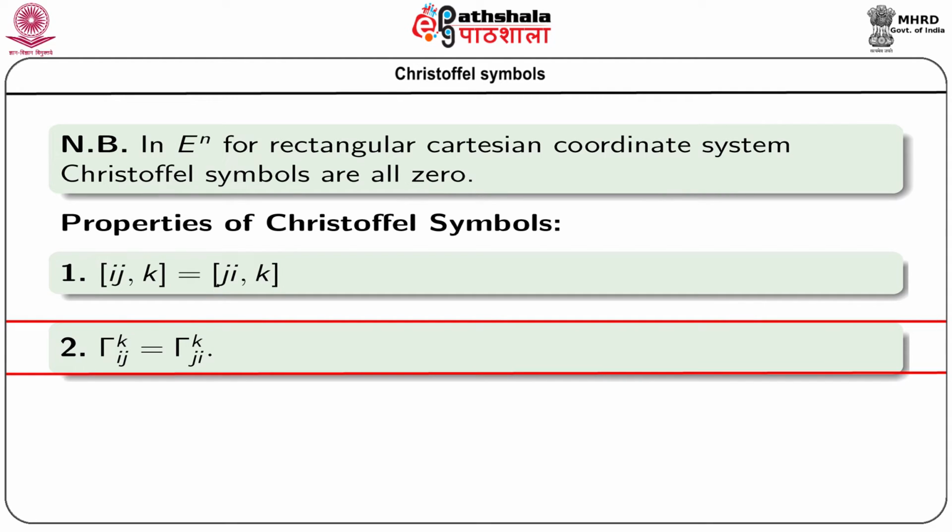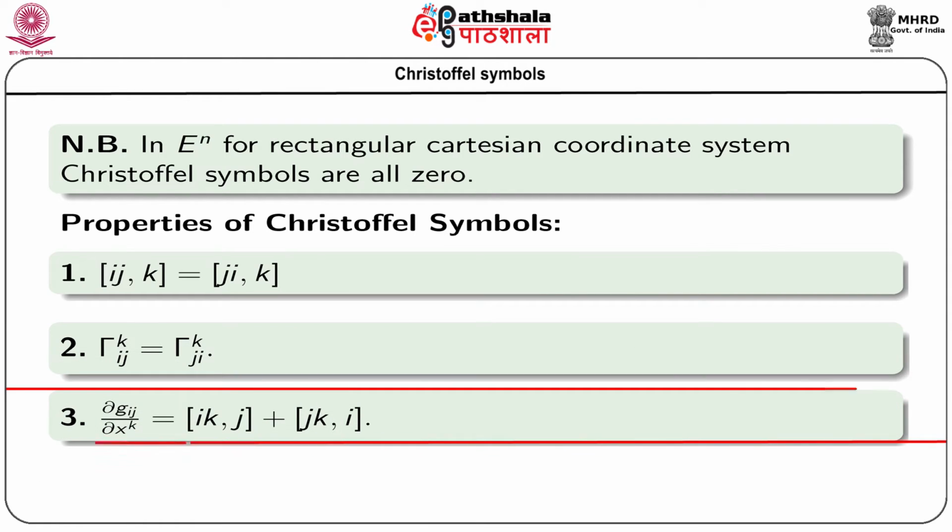Similarly, for the Christoffel symbol of second kind, Γ^k_ij is equal to Γ^k_ji. We can easily prove these properties. Third one is ∂g_ij/∂x^k equals the Christoffel symbol [ik, j] plus [jk, i].